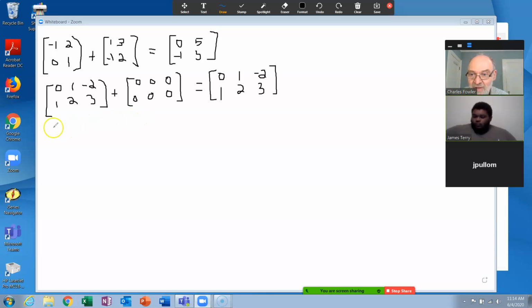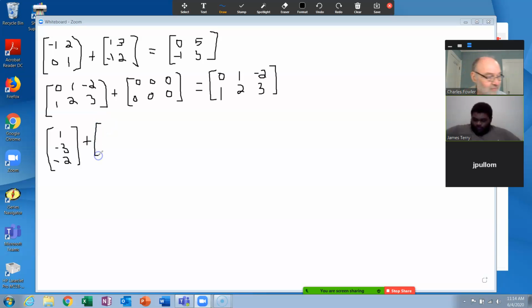All right, here's C part. Here's a matrix, and it's 1, negative 3, negative 2. Okay. Is that really a matrix? Yes. Yes, it is. What's another name for it? Column matrix.